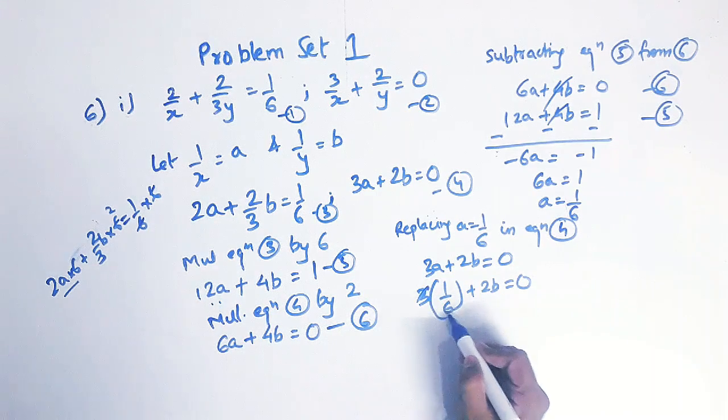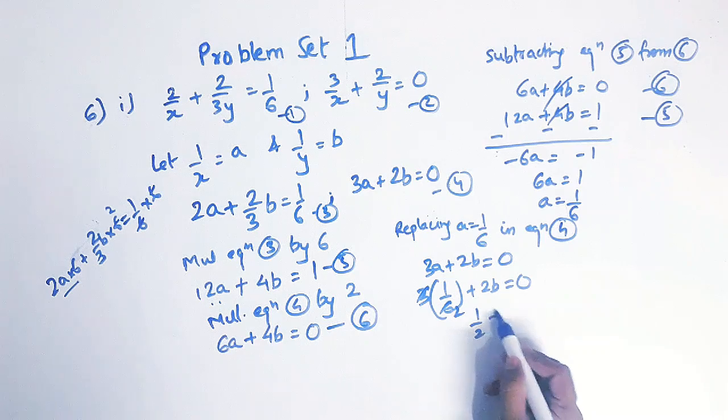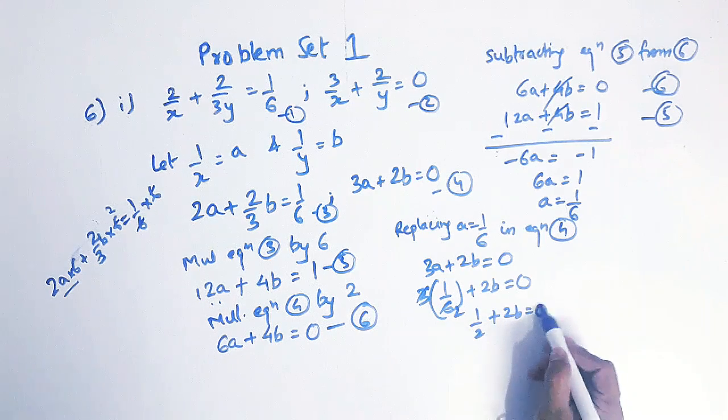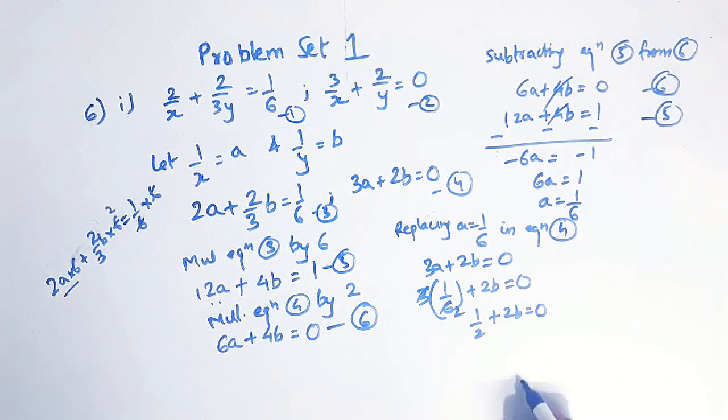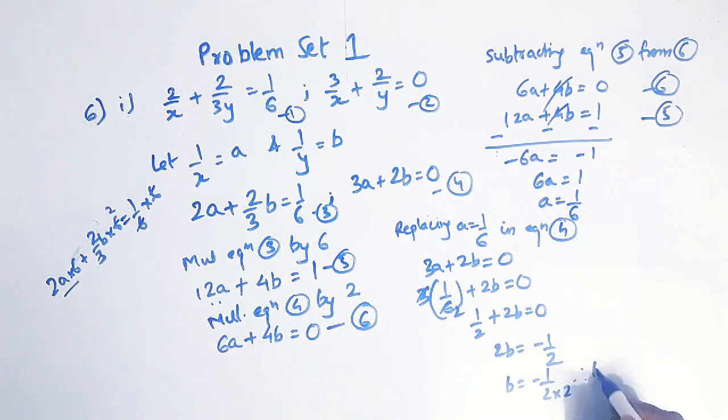Now 3 ones are 3, 3 twos are 6, half plus 2b equals 0. So here you got 2b equals minus half. Half will move there, it will become minus half. 2 will go in the denominator, it will become 2 into 2. Therefore, b is equal to how much? Minus 1 upon 4.